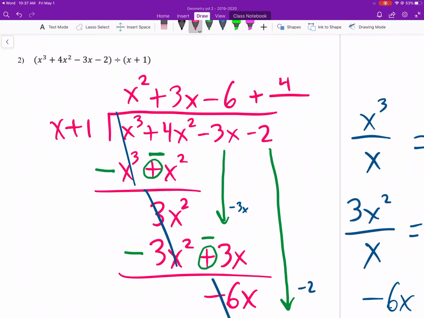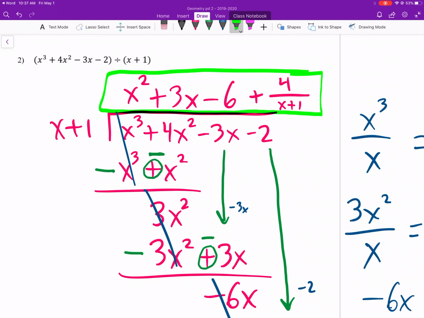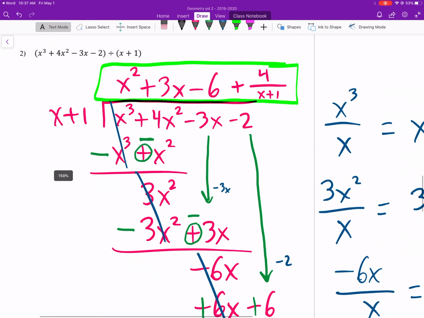The divisor is what we've been dividing by, this x plus 1 over there. So it's plus 4 over x plus 1, and then you're done. Once again, not really important today. I want you to focus on divide, multiply, subtract, and how to do each of those steps.